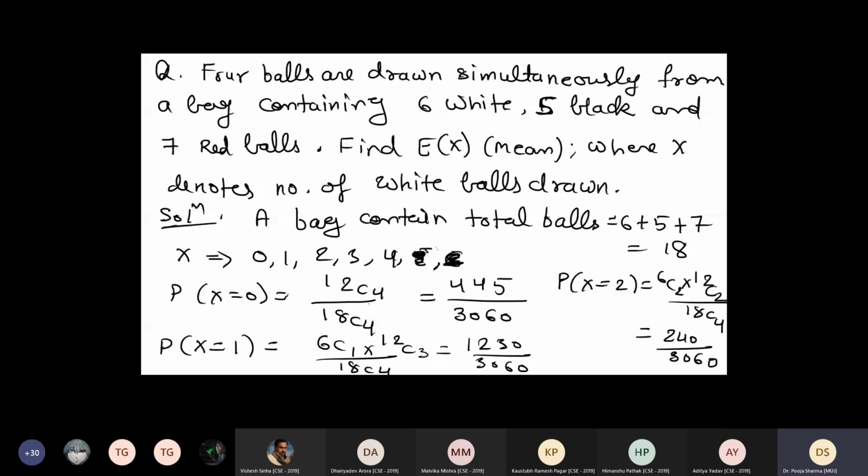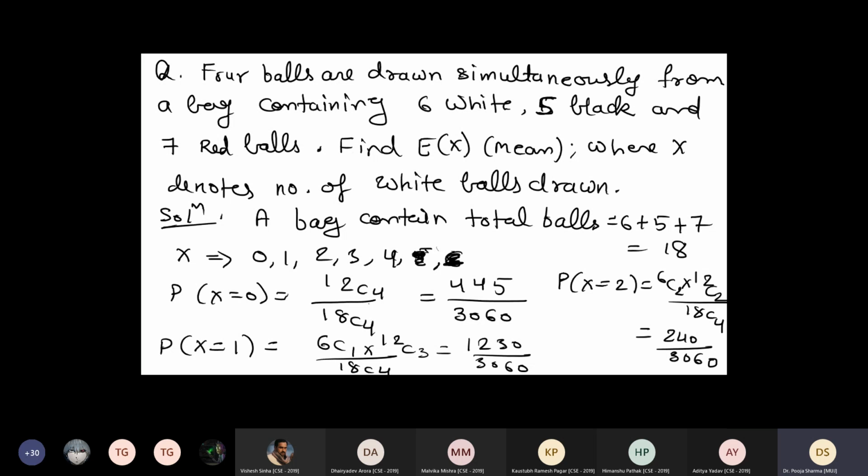So firstly we find the probability when x equals 0. Total balls are 6 plus 5 plus 7, which is 18. How many do we want to choose? 4. So how many ways? 18C4, which will come in the denominator.